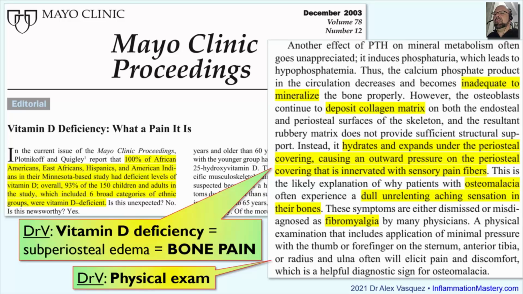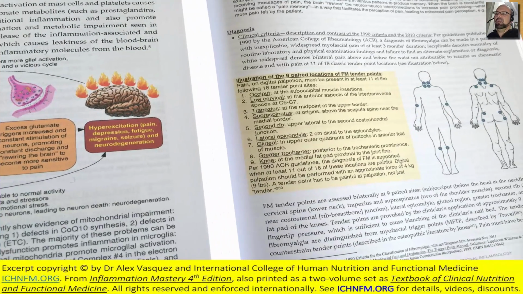So you put a moderate pressure on the tibia, on the radius, and on the sternum, and that's how you can assess this clinically. Those are not tender points that we assess with fibromyalgia because they're on the bone itself and not in the muscles, and in fibromyalgia, what's more affected than the bone is the muscle.